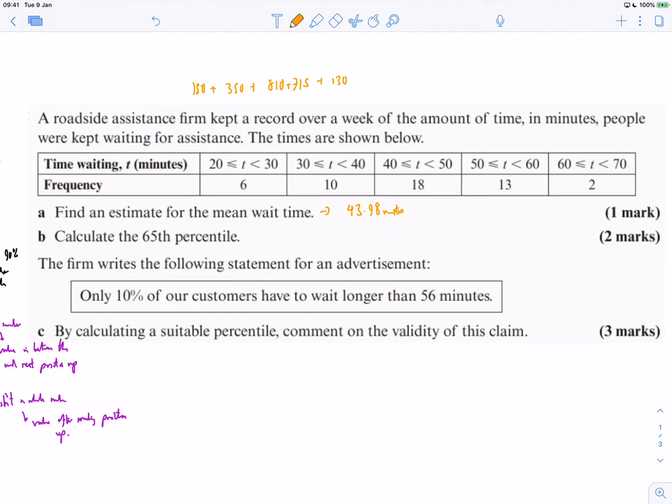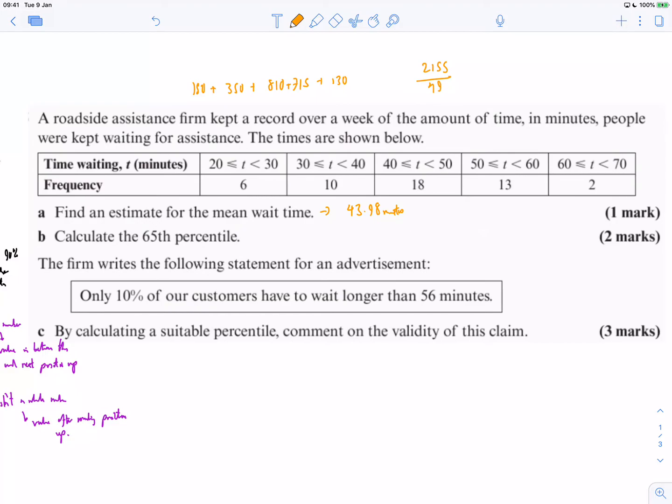Add all these up, that equals 2,155, and there's a total of 6 plus 10 plus 18 plus 13 plus 2, which is 49, and 2155 divided by 49 is 43.98. Yep, cool, I'll take that.